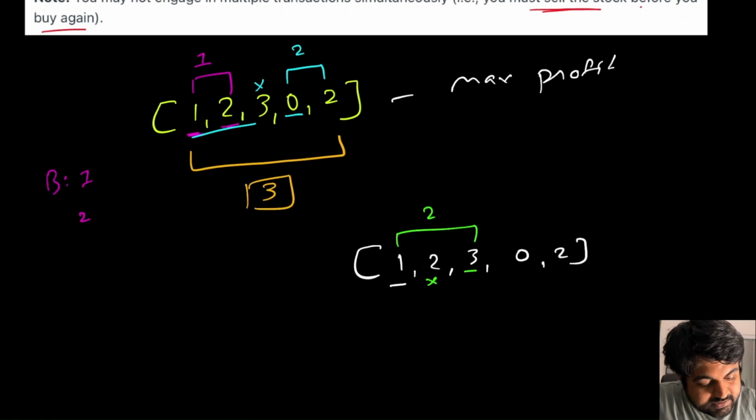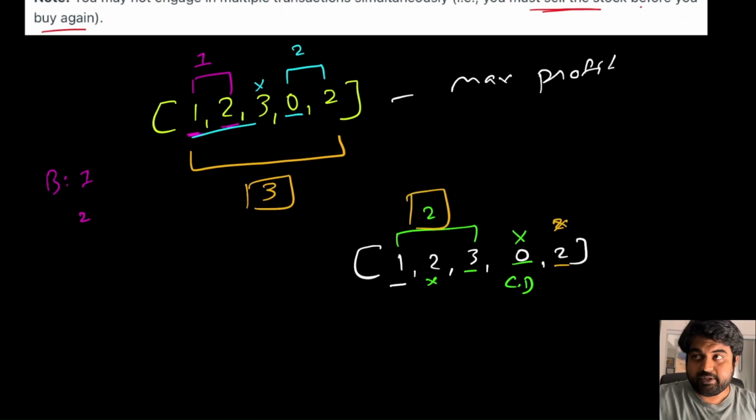Why? Because then we cannot buy the stock on this day because of the cooldown condition, and then we are at the last day. So even if we buy the stock, we are just diminishing our profit. Let's say we don't do anything on this day, still the maximum profit we can achieve is going to be 2 in this case.